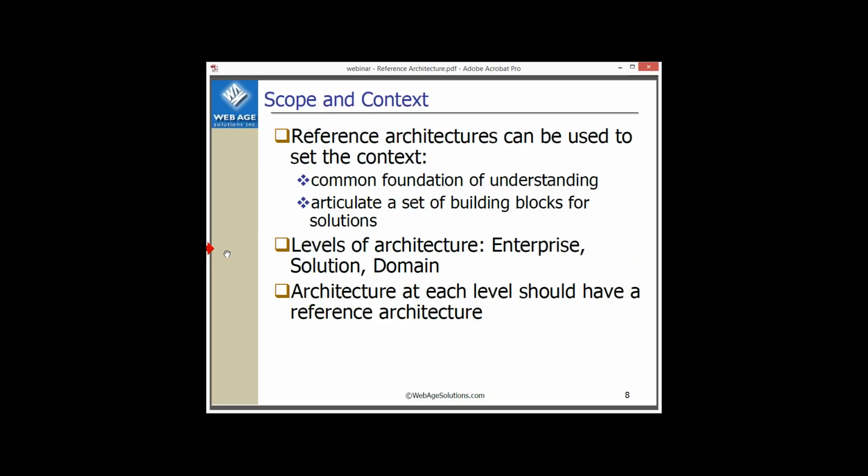So we talk about scope and context. The range of subject matter that reference architectures cover can vary dramatically.